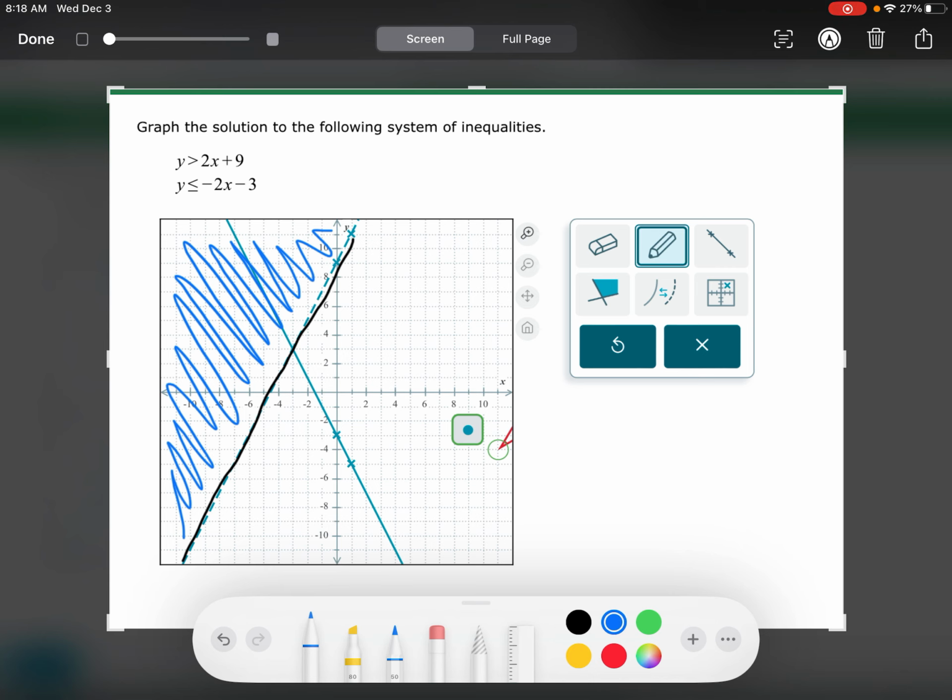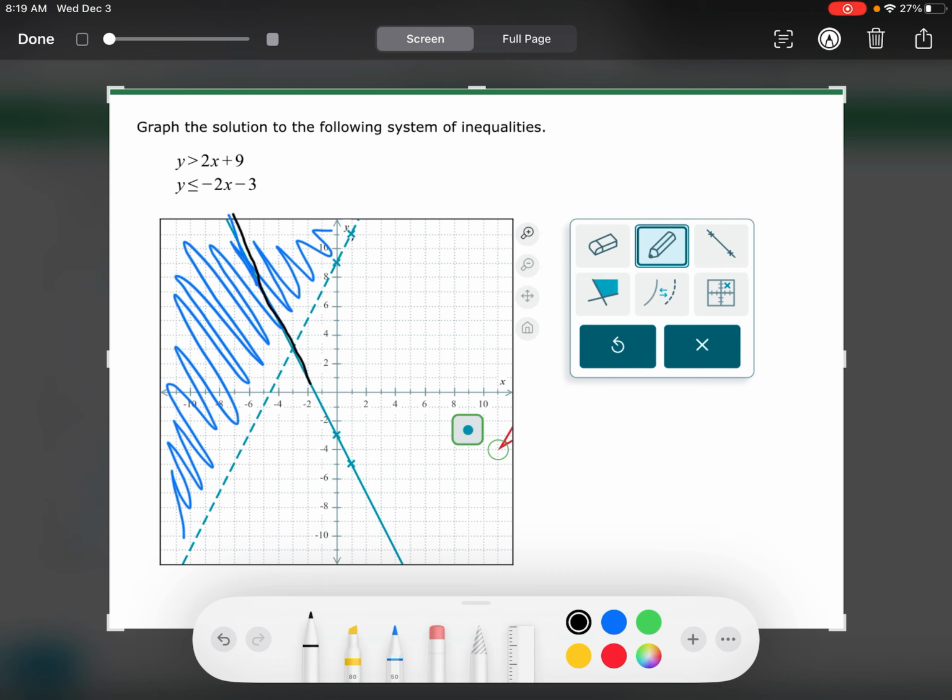Then we're going to do the same thing now with our bottom inequality, and pretend it's the only thing on the picture and see how we would answer that question. So that says y is less than or equal to, and that was our bold line that they're talking about.